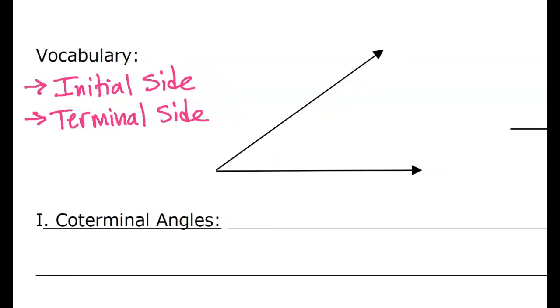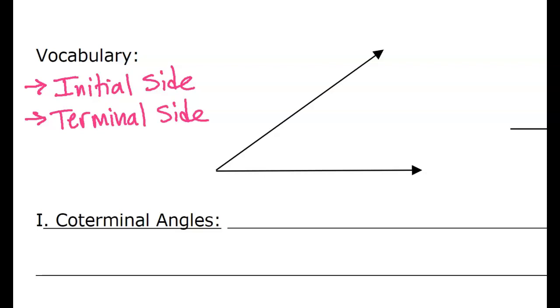These two sides of the angle are exactly like they sound. The initial side is the side you're starting from, and the terminal side is the side that you're going to and ending.